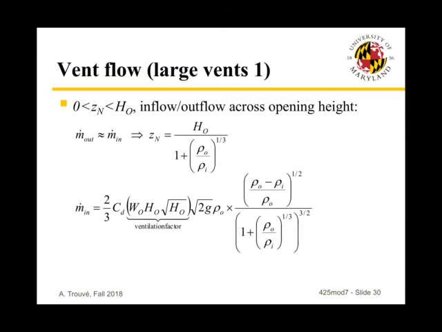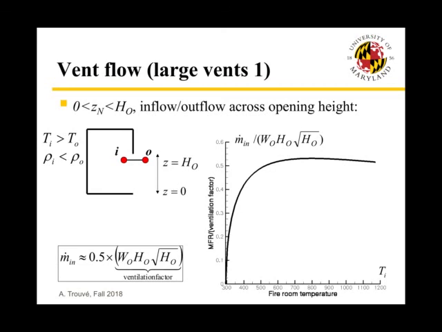Again, an expression that depends on the temperature of the smoke through rho I and the ventilation factor. All right. So we can compare this expression to the expression 0.5 times the ventilation factor that we've used previously in the class, and we write this expression as a function of rho I, or even better here as a function of Ti, the temperature of the smoke in units of Kelvin.